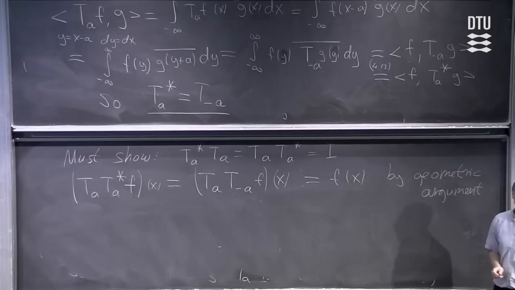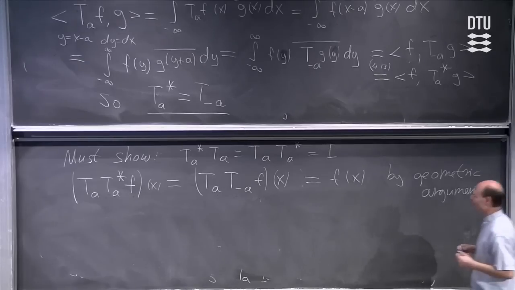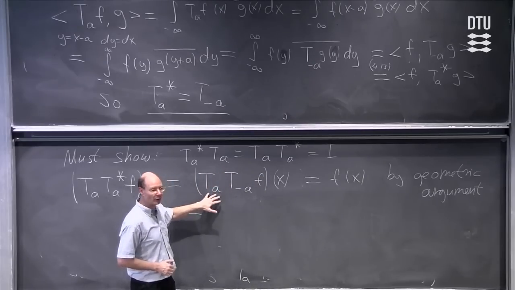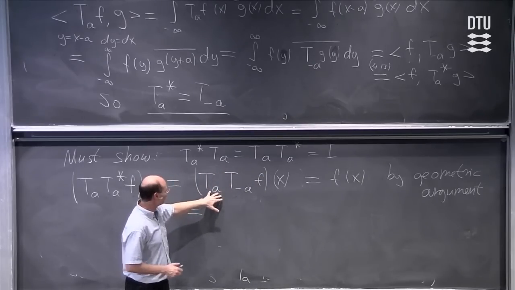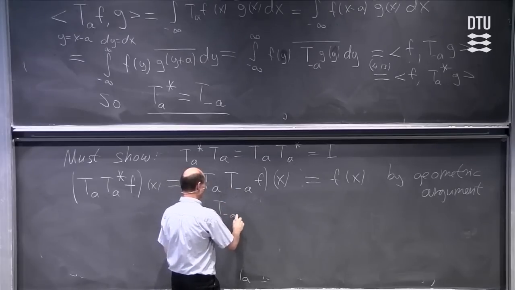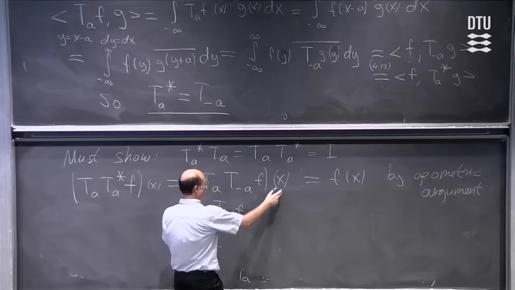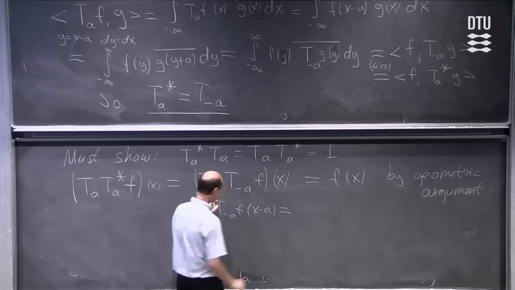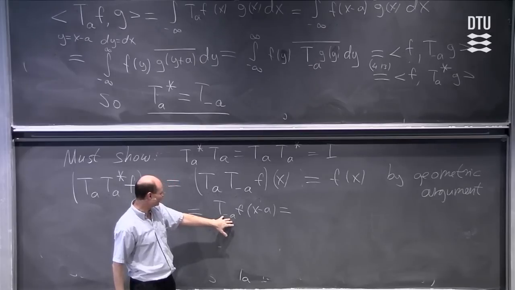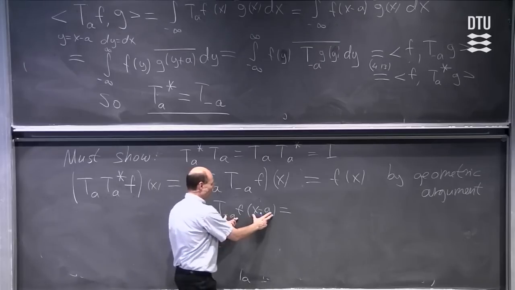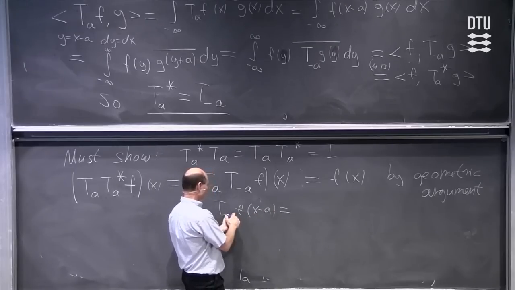But of course you think that I like so much epsilons and all these things to make it completely precise. So of course we can also write it down if you want. If you want to act with the operators, then we say Ta acting on this. This means that we have to look at T minus a f, but now we have to evaluate it in x minus a. But to act with the operator T minus a on something means that we have to look at what we have here and then say minus the minus a.